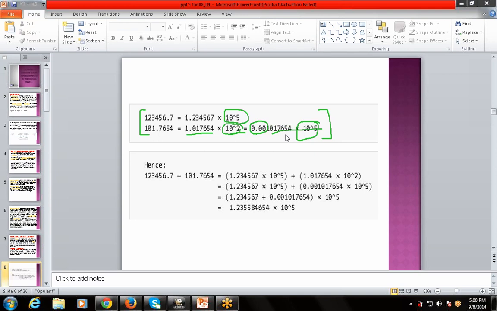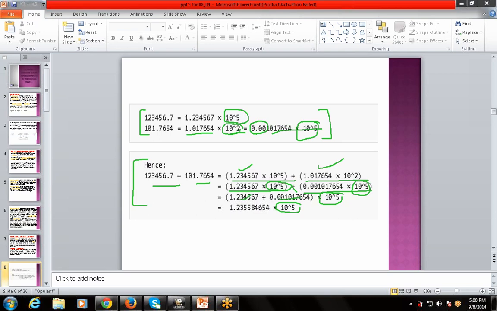Then there is the addition. Now the next part is where we do the addition. As I showed you in the example, this value and the next value are now represented with the same exponent. Since the exponent part is the same, take it as common, that is 10 power 5, and it appears only one time because it is separated out as common.